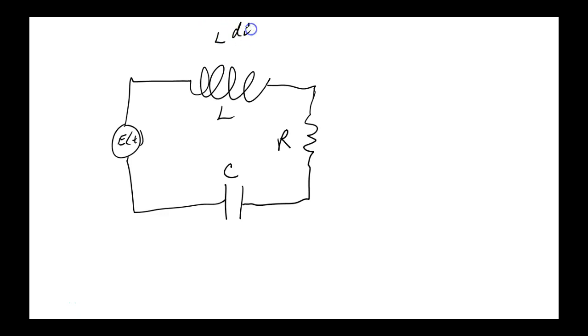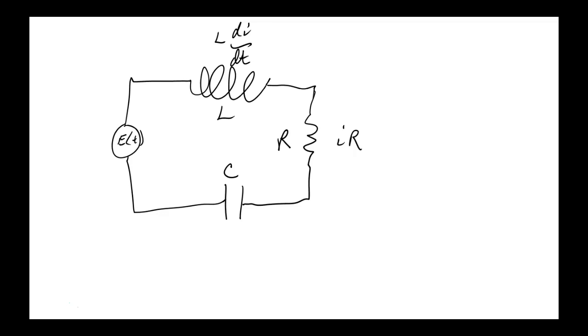L di dt, because like I said, it depends on the rate at which you have current flow. Your resistor is just IR, okay? That is the voltage drop across the resistance, I times R. Now, I is a variable current.